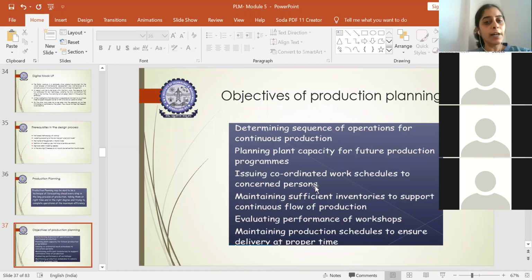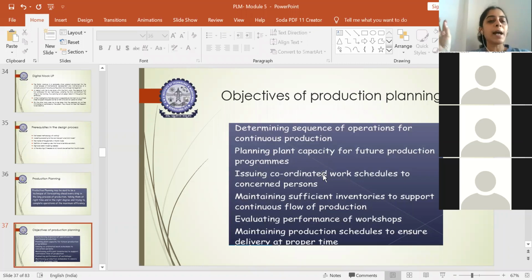So this is the third objective. Next is maintaining sufficient inventories to support continuous flow of production. It's not like he just plans, says okay, plant capacity is done, it will manufacture for the continuous production, there is good coordination, work schedule has been fixed, it will go away. No, the products which are manufactured should be stored in a particular place.